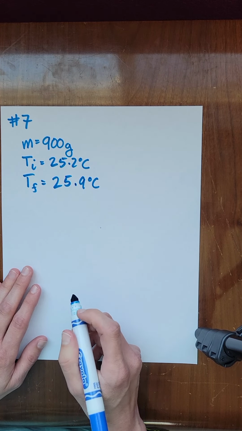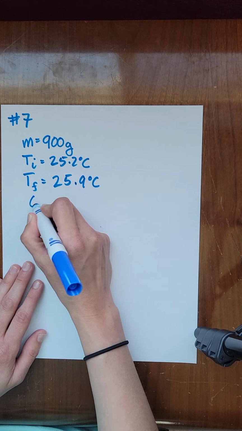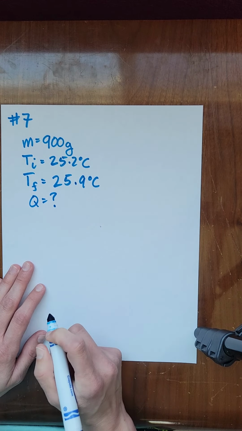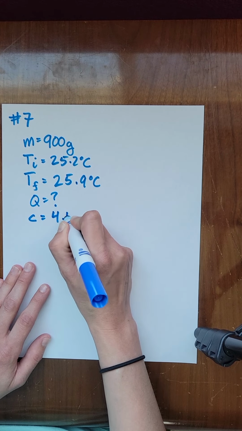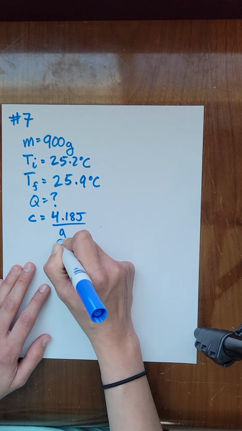How many joules of heat did the metal release into the water? The specific heat of water is 4.18 joules per gram degrees Celsius.